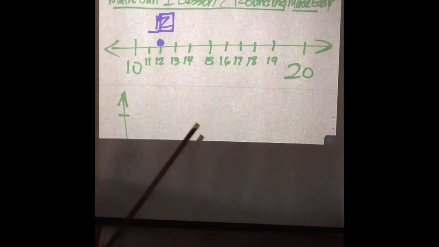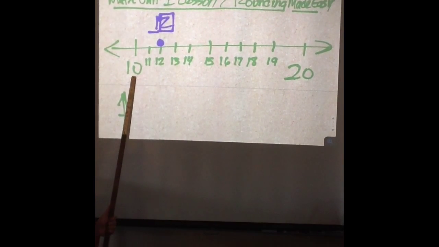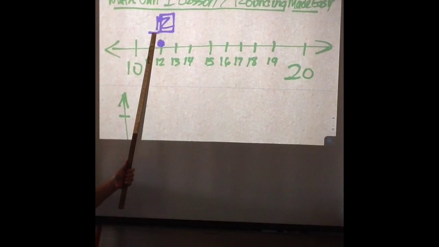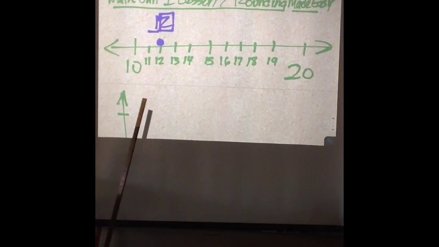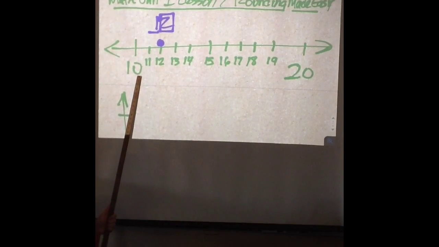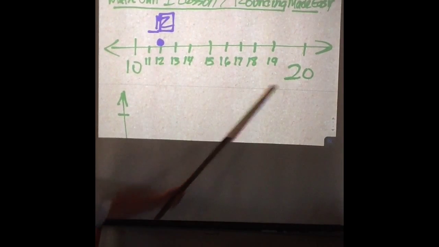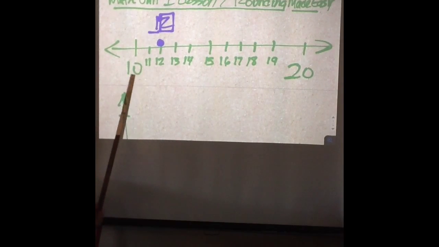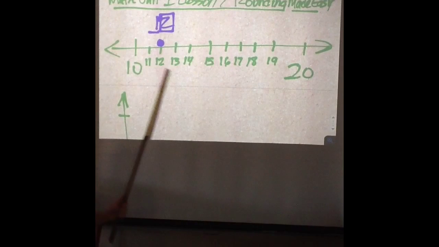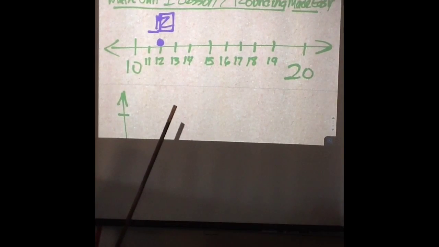And if we were going down, it just means that we're going to stay with the same first digit, and we're just going to put a 0 in its place. So we're going to either make it a 10 or a 20. Which one of these two is closest to the dot?